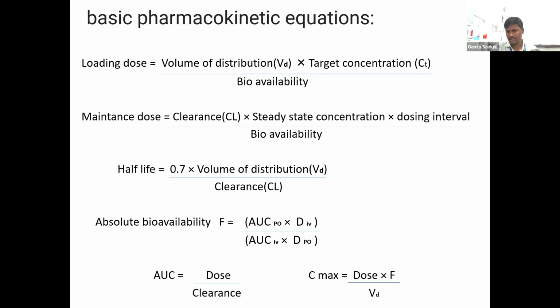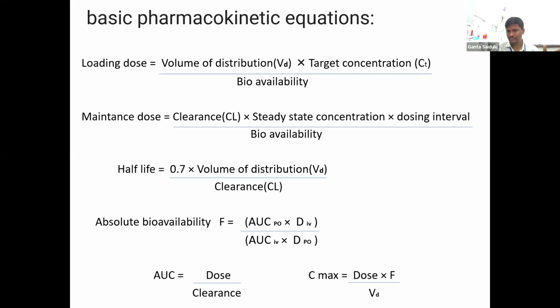The target concentration should depend on the particular antibiotic. The target concentration and volume of distribution will depend on the patient's comorbid conditions. It will be different for different populations.